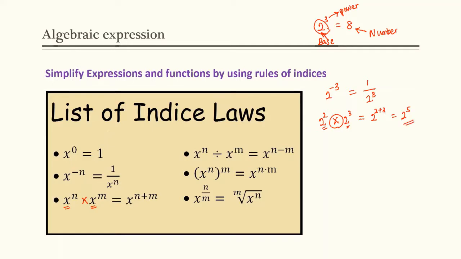Law number 3. I will not go to that extent for the moment. This is the third rule. If the base is the same and there is a multiplication sign, then you can add the power values. Third law of indices.